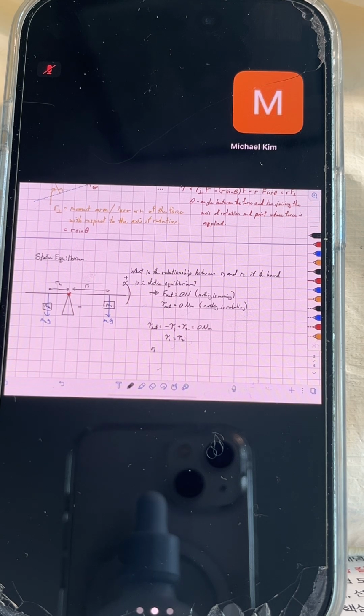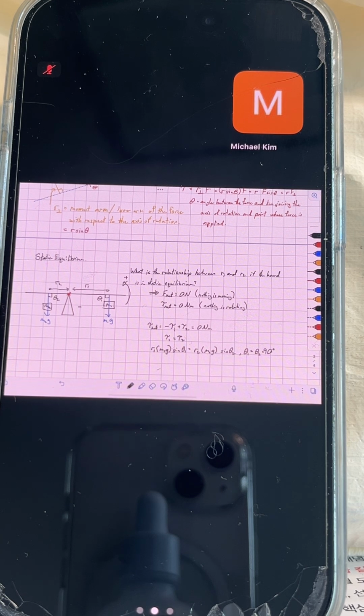And so now if I look at the torque for 1, this is going to be R1 times my force, M1G, times sine of theta 1, which is basically this angle. And then I've got theta 2, so I know this has to equal R2 times M2G times sine of theta 2. And again, the nice thing with this type of problem is I know theta 1 equals theta 2. I know these are both not 0, that would be bad.